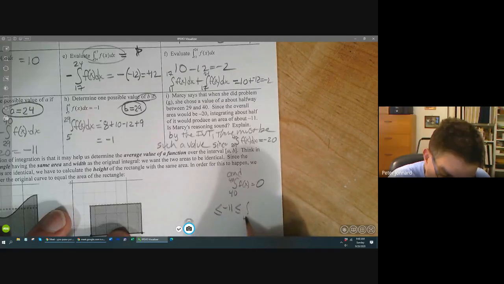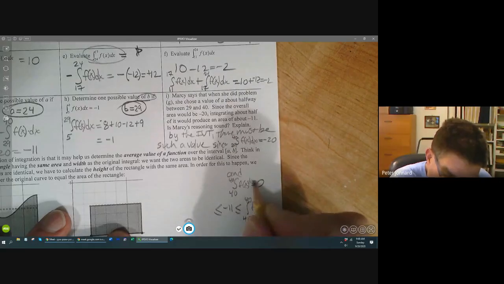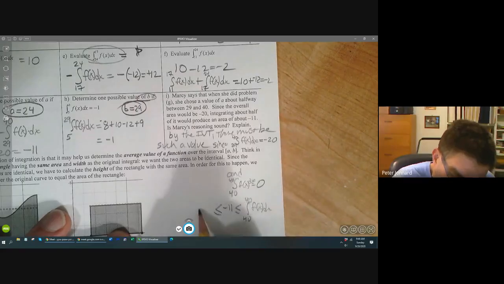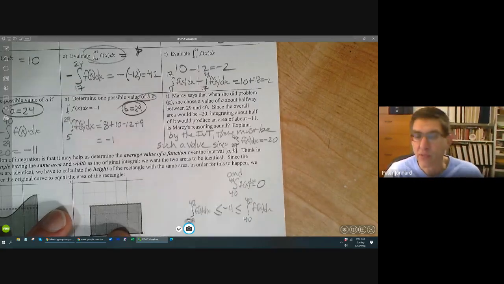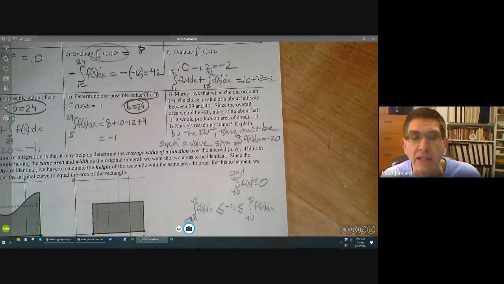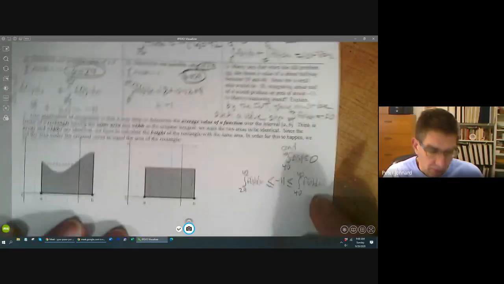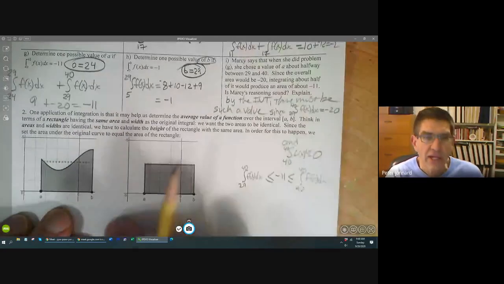The integral from 40 to 40 of f of x dx, oops, I forgot the dx there, and negative 20, the integral from 29 to 40 of f of x dx. Okay, so this is a fancy way of basically saying, yeah, Marcy's got it by the intermediate value theorem. Okay, all right, next problem. This is a very common theme.